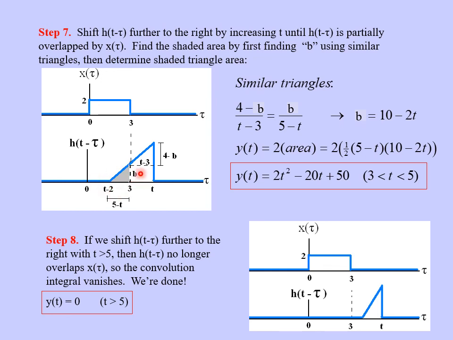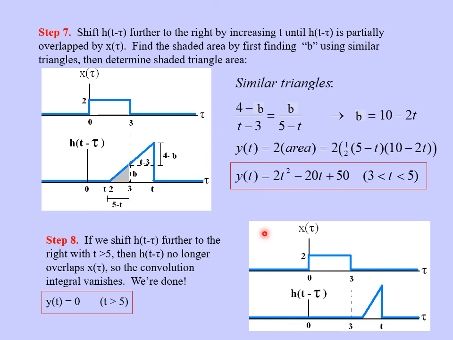We have to figure out a functional form of this little piece of this function here. Using similar triangles and the geometry shown here, there are a few steps, obviously, we can come up with this functional form for the output, which is the area of that shaded region right there, and it's equal to 2t squared minus 20t plus 50.